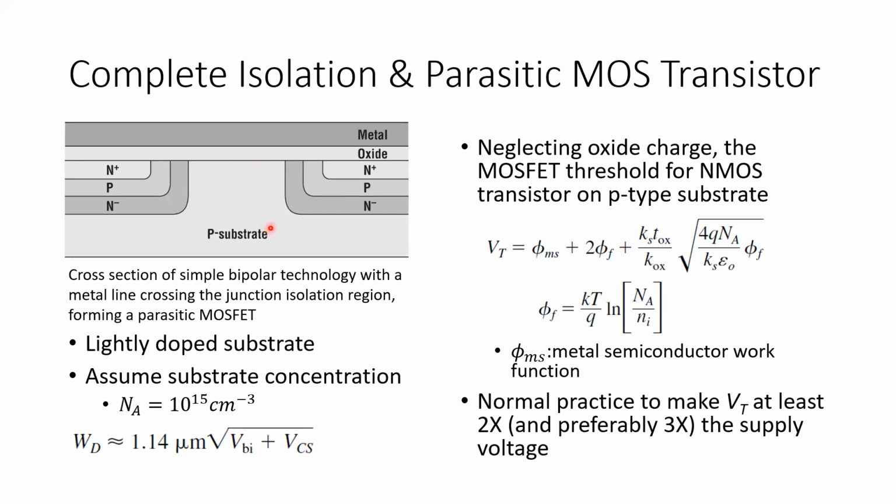This is the basic concept. Normally we make the threshold of the parasitic MOSFET 2 to 3 times greater than the supply voltage, so that we don't have leakage current between the two devices. This is another effect that we need to consider: the parasitic MOS transistor.